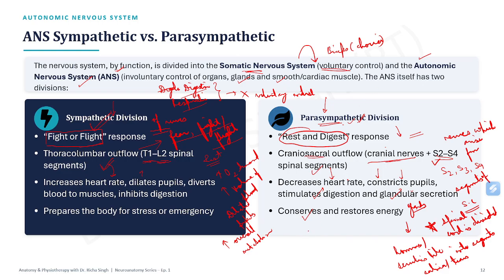So, depending on the situation, although sympathetic and parasympathetic divisions are both activated in your body, there is a balance between the two. It is not that the parasympathetic division is shut down when you are in a sympathetic response, but there is a balance between the two at rest.